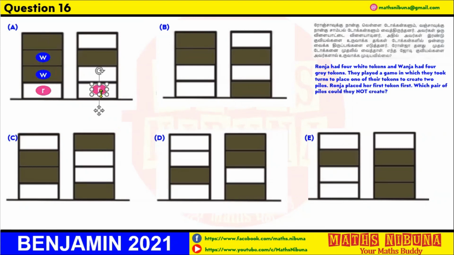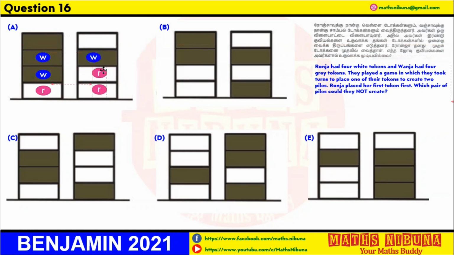And then next Ronja, she can put at the top here, white color. And then Wanja can put either here or here. So let's say Wanja puts here. Then Ronja cannot put here because the next must be a white color. So in that case, maybe Wanja puts her coin here.